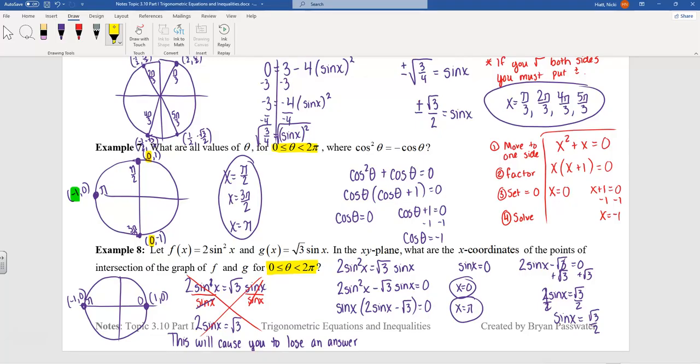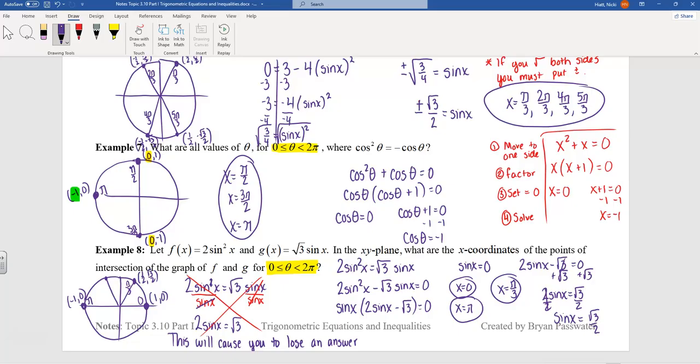That's for this equation. We also need to know where sine of x is root 3 over 2. So sine is y coordinate. That happens right here, 1/2, root 3 over 2. That is at pi over 3. Where else? So we got x equals pi over 3. Where else does that happen? 2 pi over 3.